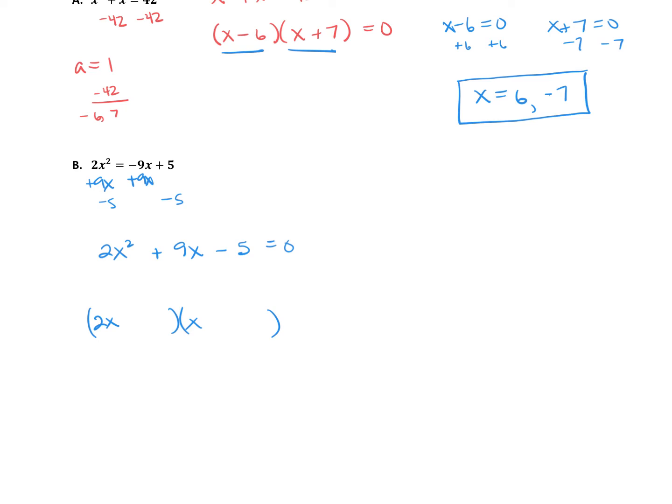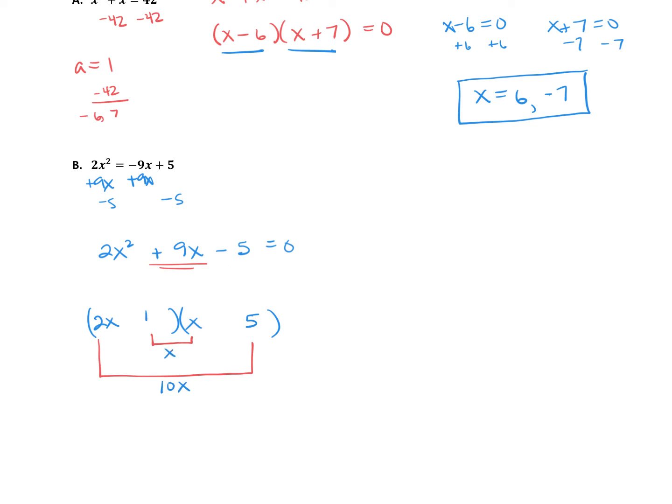What you want to think about is our check, multiplying the outside and inside terms, we have to end up with that positive 9. So that makes me want to put the 5 over in this second spot so that it multiplies with the 2. 2x times 5 is 10x, which means I'm going to put the 1 there. 1 times x is x.